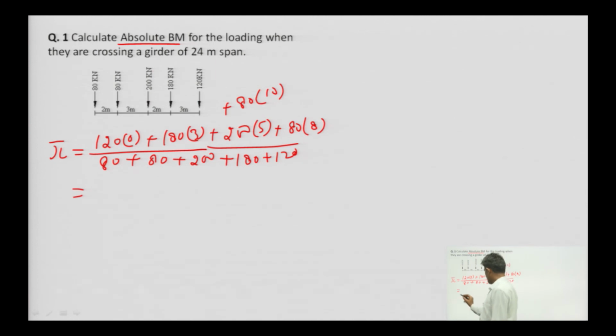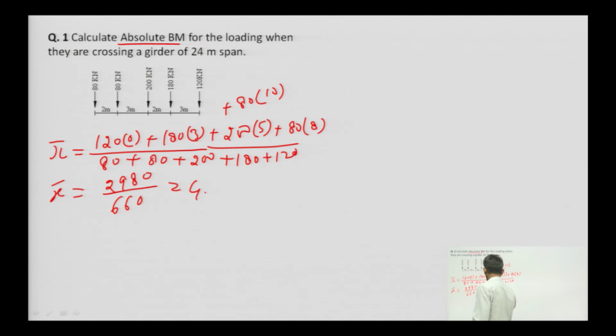So the value of x, let me calculate it: 180 multiplied by 3 is 540, plus 200 into 5, plus 80 into 8, plus 80 into 10, that is 2980, divided by the total load of 660.